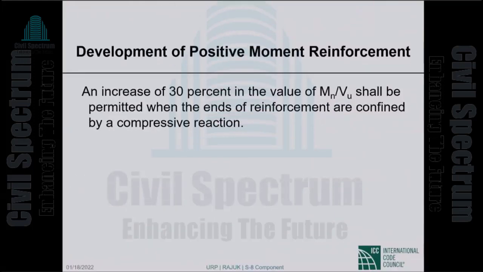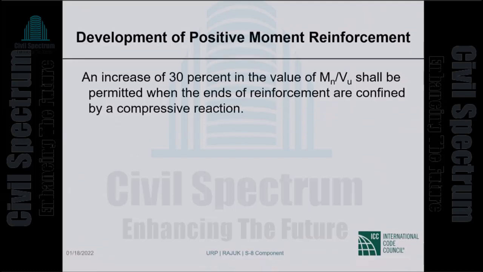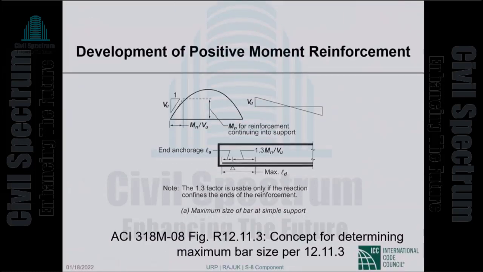An increase of 30% in the value of M sub N over V sub U shall be permitted when the ends of reinforcement are confined by a compressive reaction. Okay, so this is in picture. So we are at a support.